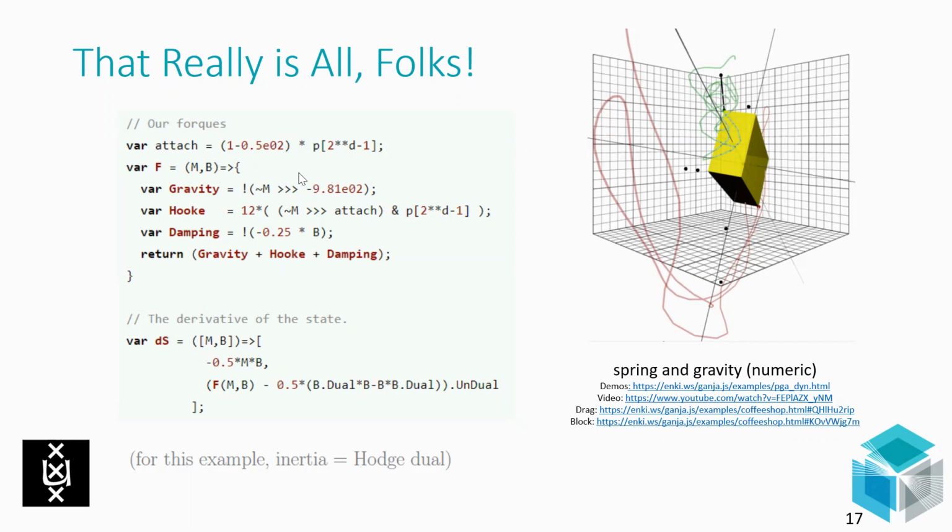And also because I need the force in the body frame, I have to apply the inverse of the motor to get it from the world frame to the body frame. And we compute in the body frame because it's easier. The Hooke spring law has an attachment point in the world. I have to transform that to the body frame. I do the join operator with one of the points of my object. That already is a join line. Let me just run the demo and we'll see it better, I think.